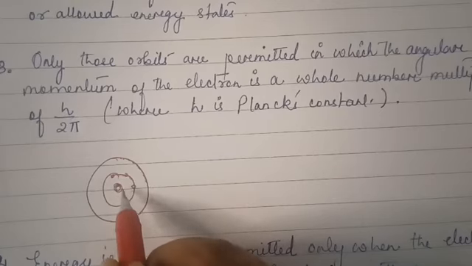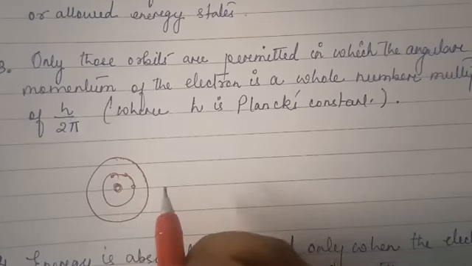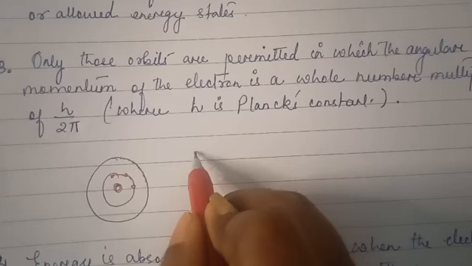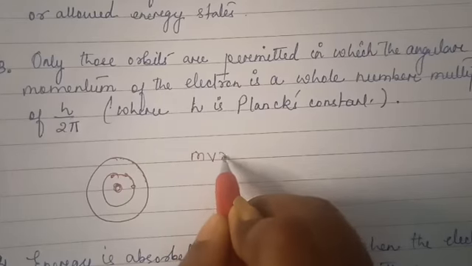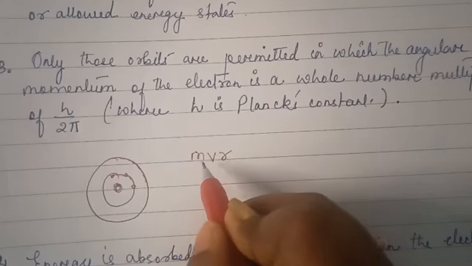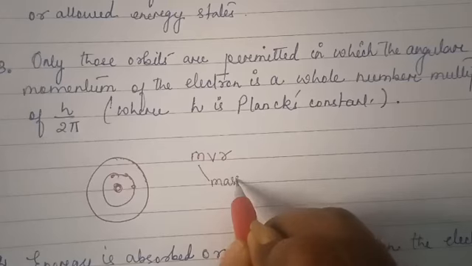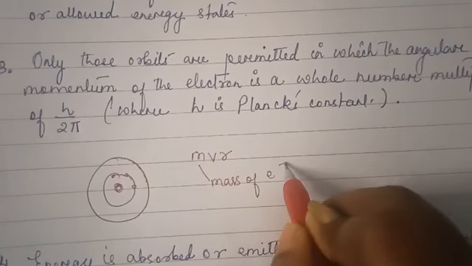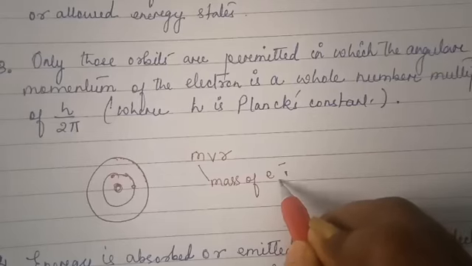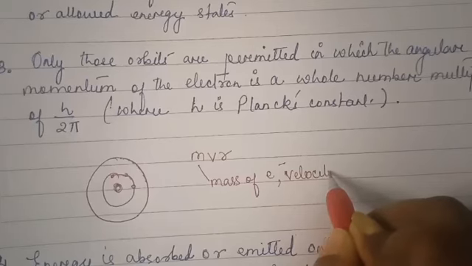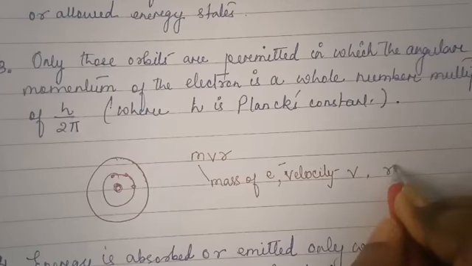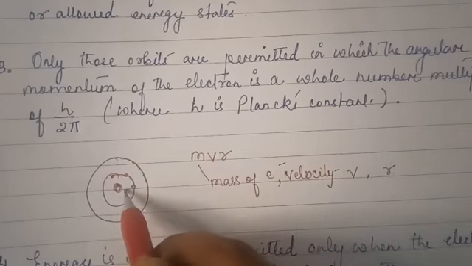This moving electron has an angular momentum, which we can represent as mvr, where m is the mass of the electron, moving with a circular velocity v, and r is the radius of the orbit.